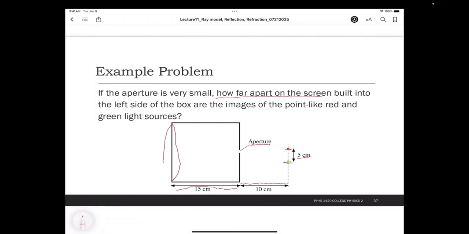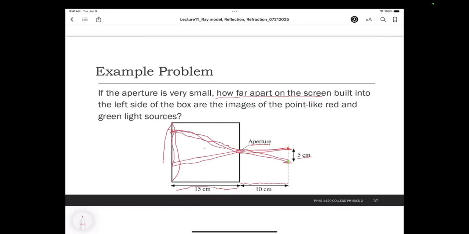If this point goes into this one, it will give a similar shape like this, and this one will give a similar shape like this. It will form two triangles.